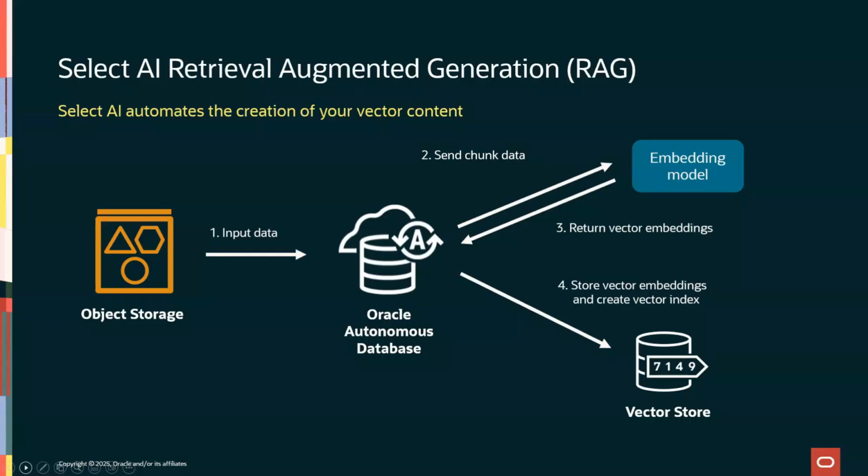The autonomous database will read that data out of object storage, chunk the data, and send the chunks to the embedding model that you define in a profile, which I'll show you in a minute. It returns the embedding, and then stores each chunk's embedding in a table, in a vector column. It also stores some other metadata on each file in object storage.